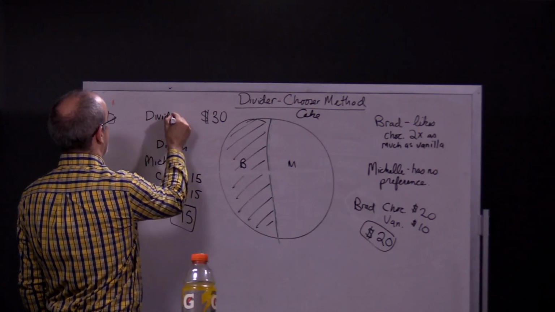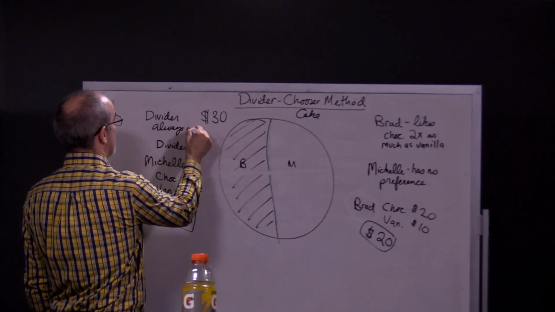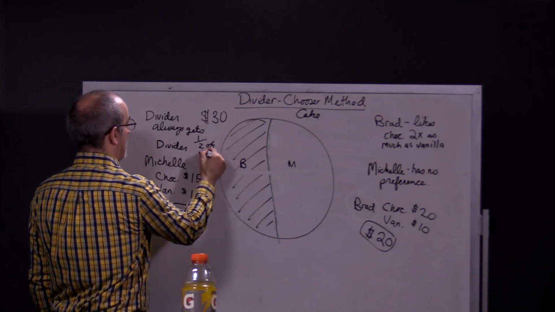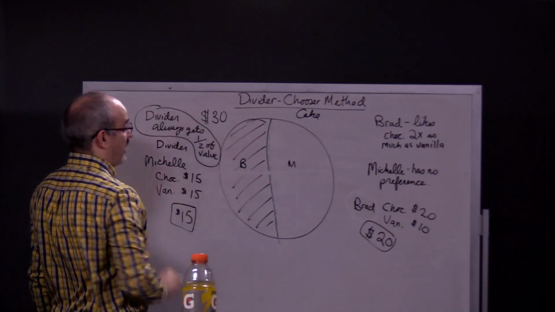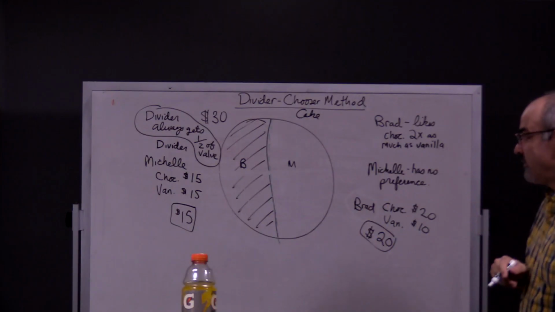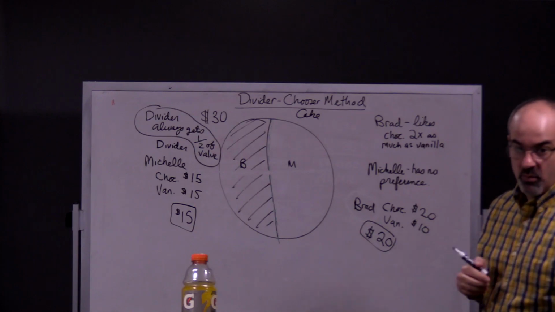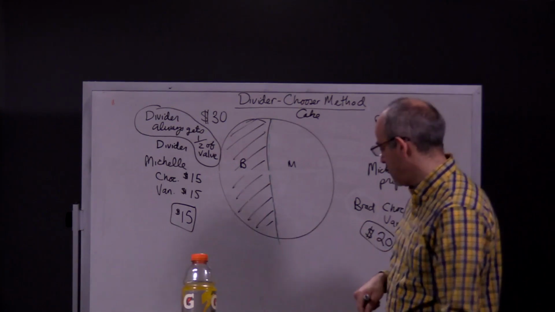Divider always gets 1/2 of value. Now, from the last example where Brad was the divider, you notice that the chooser also got 1/2 of the value in that example.